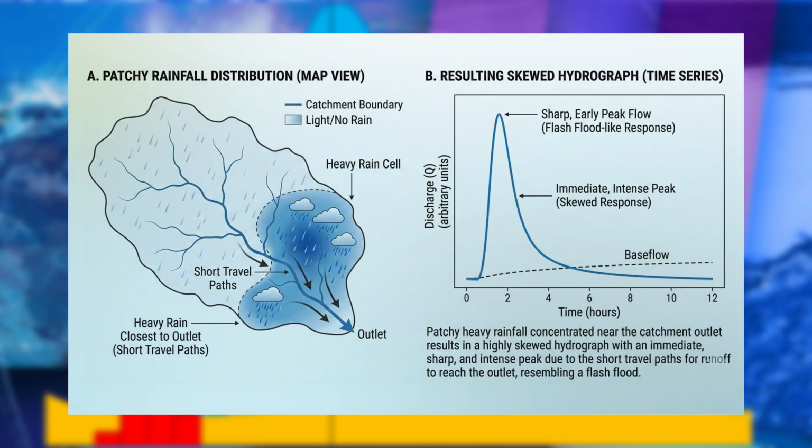Patchy patterns, however, create a skewed response, with heavy rain closest to the outlet triggering an immediate, intense peak because short travel paths deliver water fast, resembling a nearby flash flood. Farther upstream downpours delay the peak until isochrones align, resulting in later but potentially prolonged flows that overlap with other inputs from compound rises.